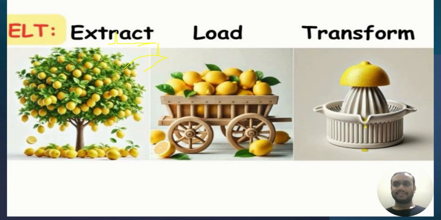Now what you are doing is collecting all the lemons from the tree, collecting them in a basket, in a trolley, or somewhere where you can store them. It's called load. You are not doing anything else.